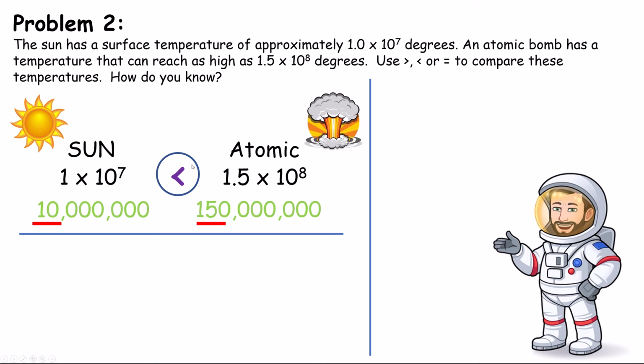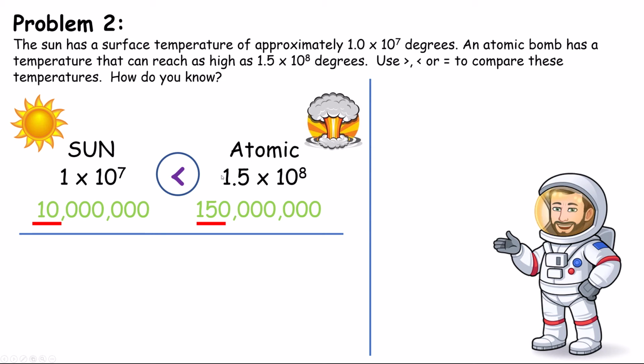The question is, how can I know that without having to bother putting it in standard form? When I look over here, this has a 1 and this has a 1. But it's important for us to realize that when we start multiplying by tens, the place value of this 1 changes. It's not a 1 in the ones place, it's actually a 1 in the 10 millions place.